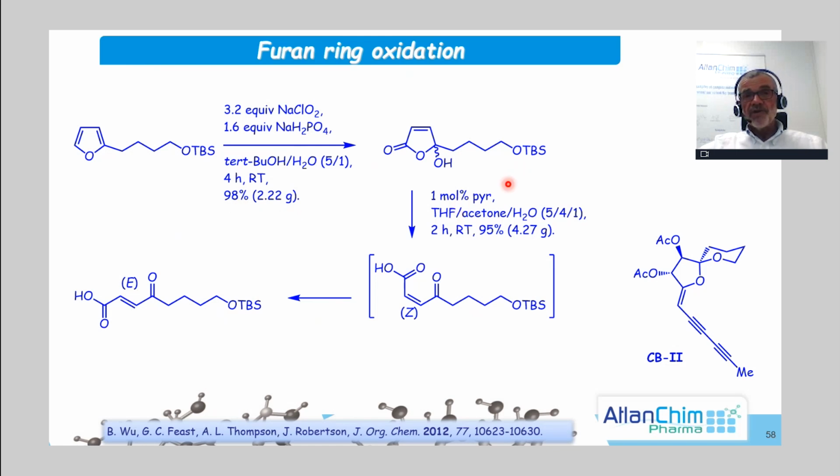Next, pyridine-catalyzed ring opening of the gamma-hydroxybutenolide first formed the Z-keto acid, which was isomerized to the E isomer, and the desired adduct was isolated in 95% yield on almost 5 gram scale.